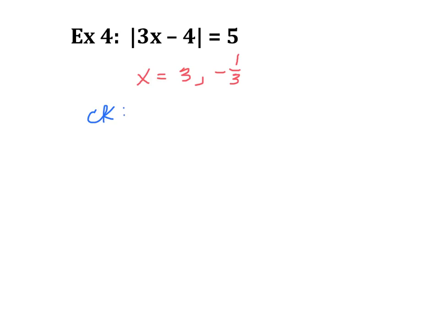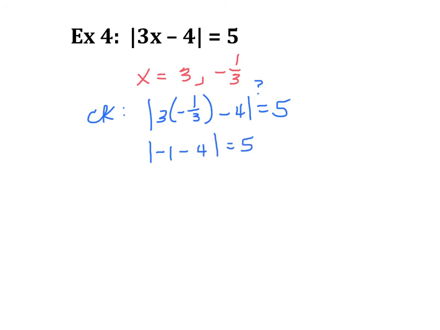So we're going to check this, plug in the -1/3. We're asking the question, okay, 3 times -1/3, those are reciprocals, so that makes 1, but it's negative. And -1 minus 4 equals 5, question mark. -5, absolute value, equals 5, and that does check.